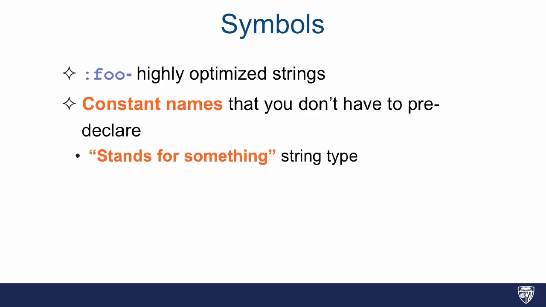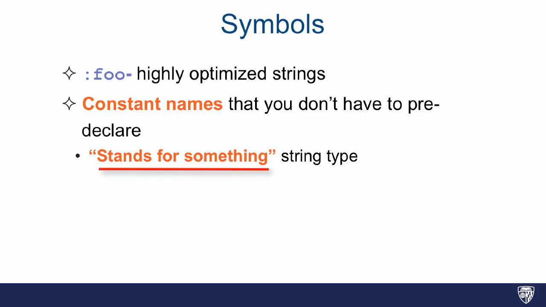And if you think about it, there are two types of strings. There's a string where you want to look at the content, you want to maybe make it uppercase, lowercase, or extract something from the content. That's one type. That's not what symbols are. Symbols are what's called a "stands for something" string type.